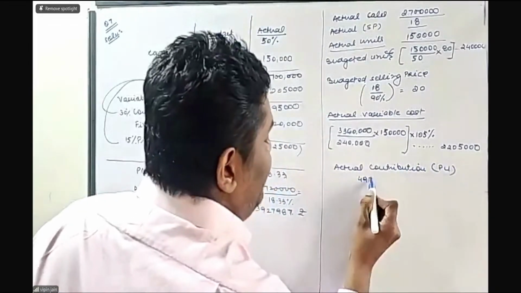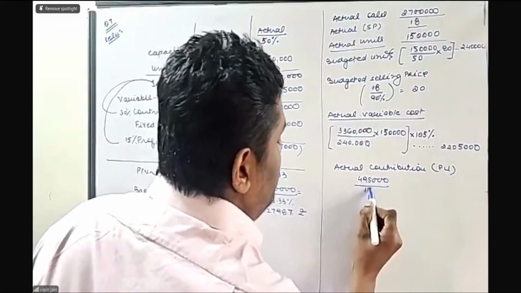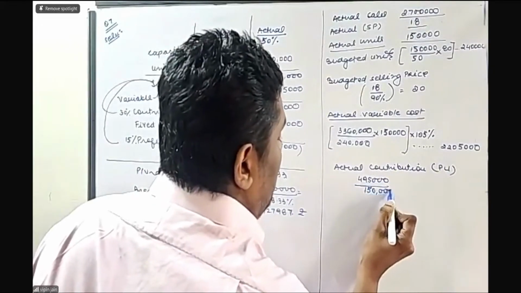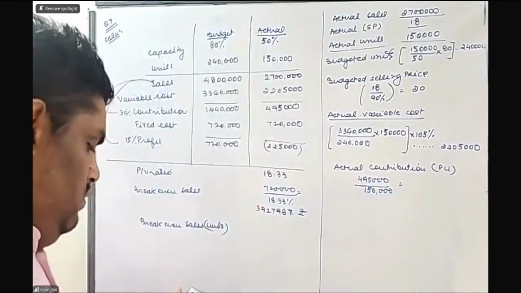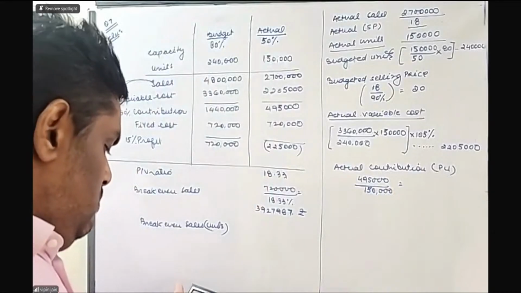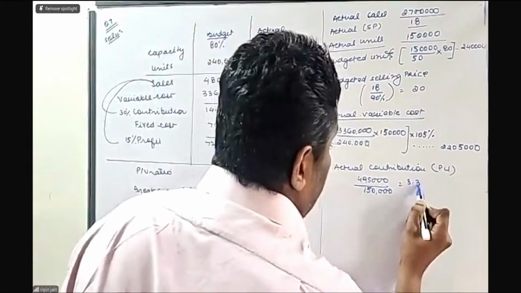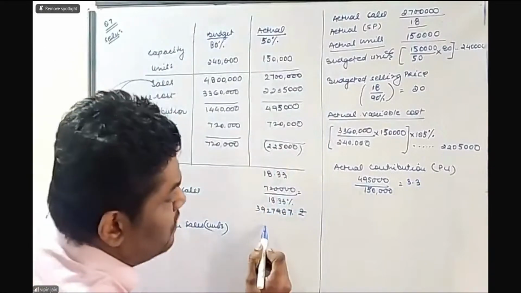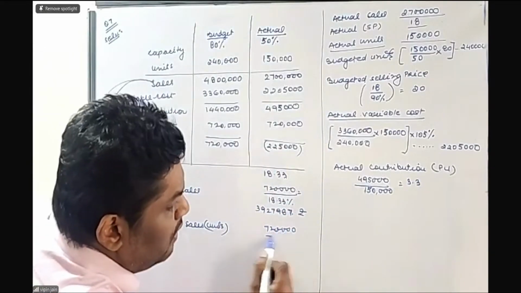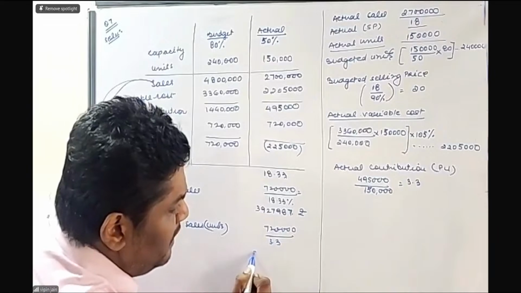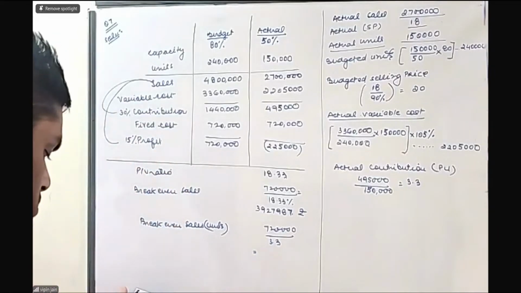So 4,95,000 divided by my number of units 1,50,000, I'll get the contribution per unit. That is 3.3. So my fixed cost 7,20,000 divided by my contribution per unit 3.3.